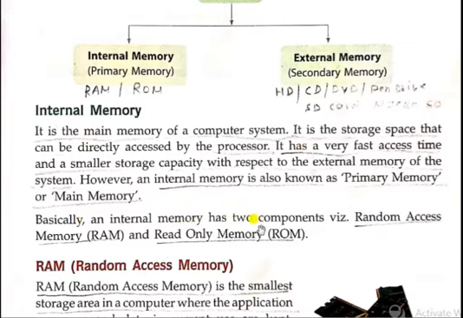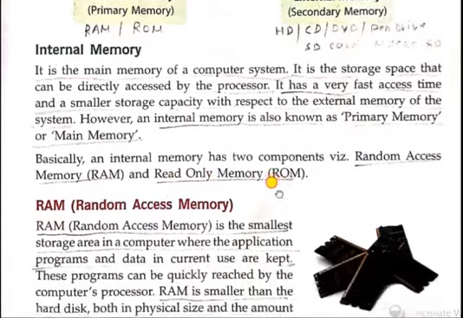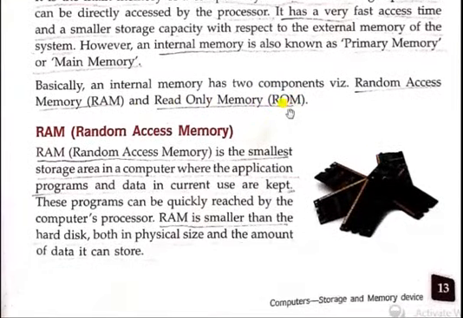Now it has two components: random access memory, that is RAM, and read only memory, that is ROM. Now we will study about RAM and ROM. As you can see on the screen, this is the RAM, the hardware device.